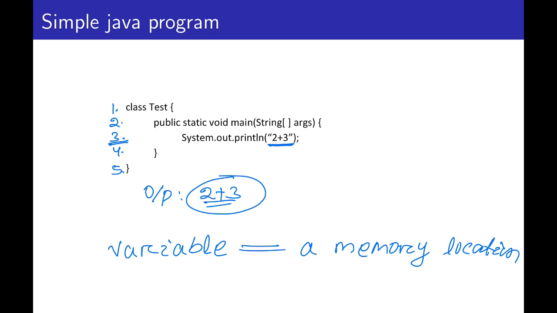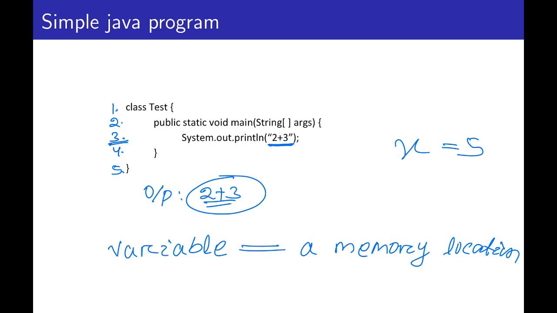We also know that the value of a variable may be changed during the execution of the program. Suppose we are taking a variable whose name is x, and we assign 5 to it, that is, x equal to 5.